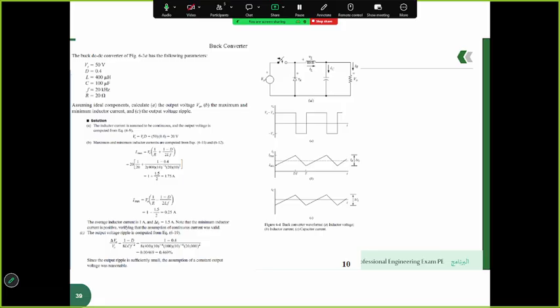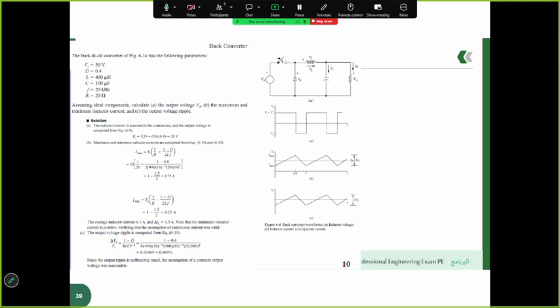Finally, the slide evaluates the output voltage ripple delta VO, which represents the small variation in output voltage due to the charging and discharging of the capacitor. Using the appropriate ripple formula, the calculated value is approximately delta VO is equal to 4.69 millivolt, which is very small compared to the DC output voltage. This justifies the common assumption of nearly constant output voltage.